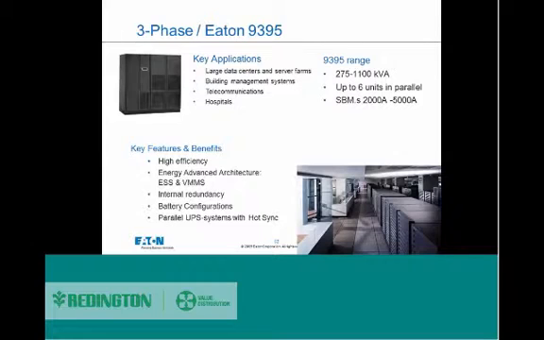Then comes the highest model, the 9395, which ranges from 275 kVA all the way to 1100 kVA. This is the top of the range model currently available within Eaton. You can have redundancy of adding 6 units in parallel, so should there be any outage within that entire data center, the units can actually be a full backup for it.